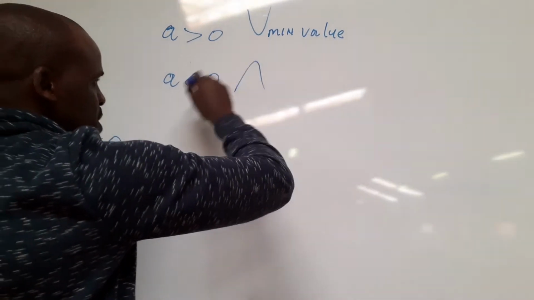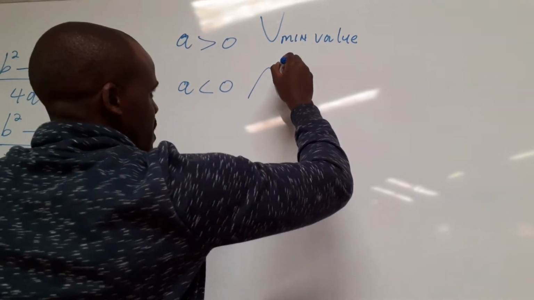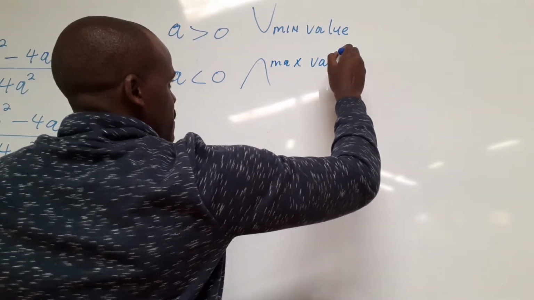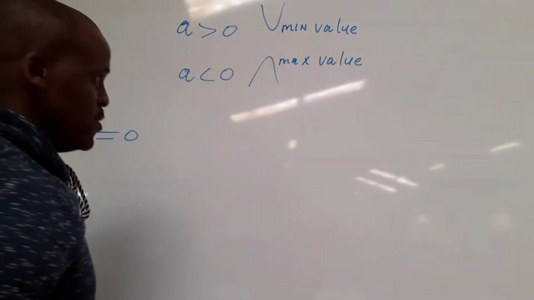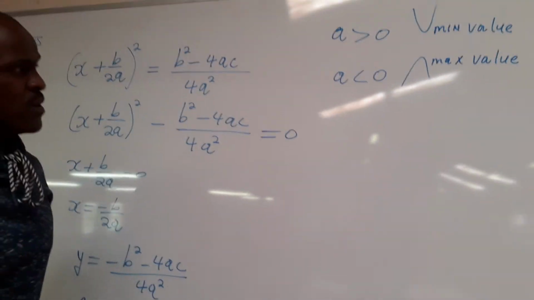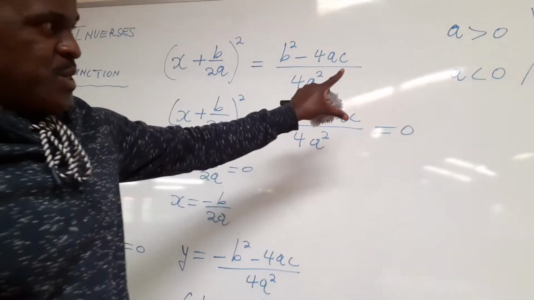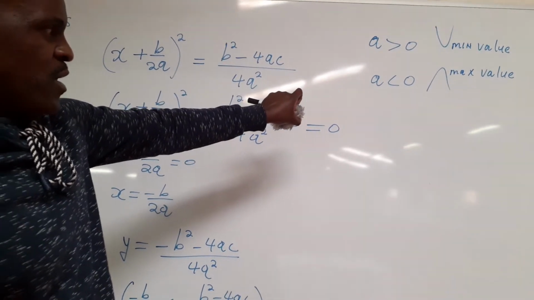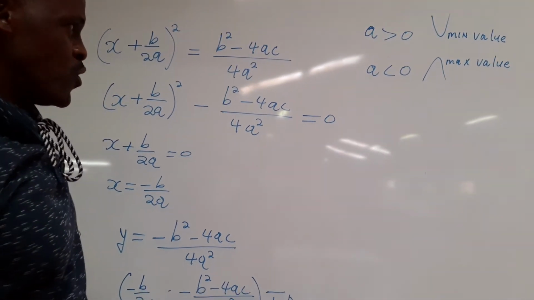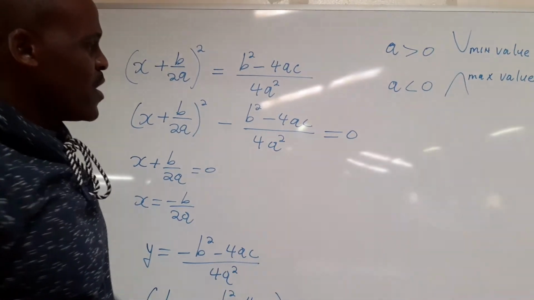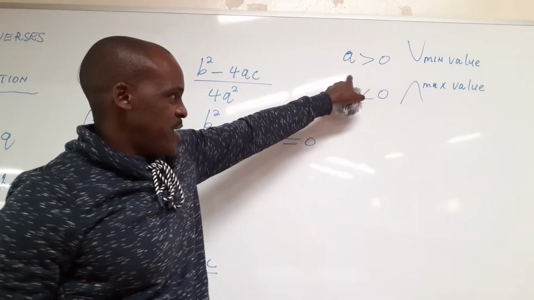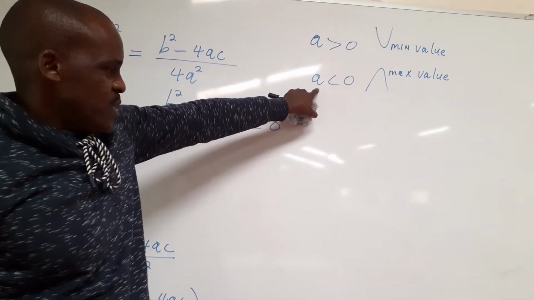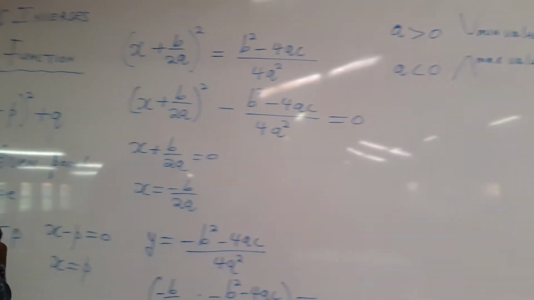But if a is less than 0, we are going to have a maximum value. So a greater than 0, we have a minimum value. A less than 0, we have a maximum value, which means for a minimum, a must be greater than 0. For a maximum, a must be less than 0. Right.